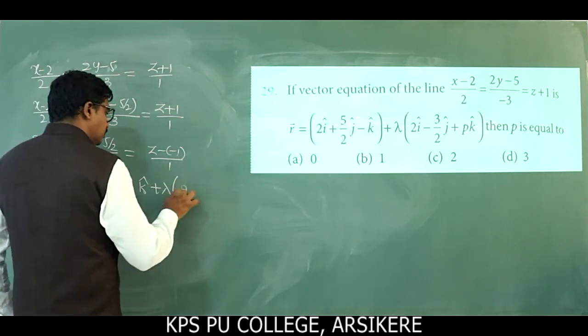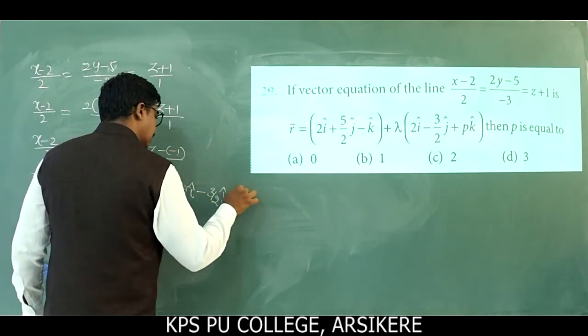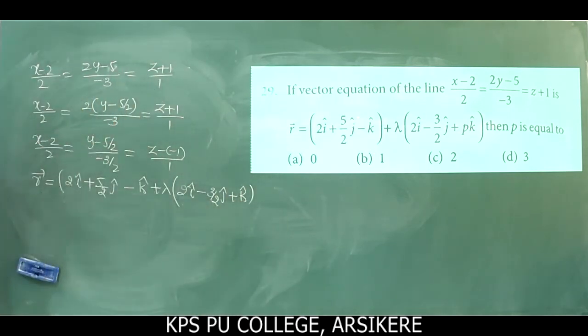This becomes 2 into i cap minus 3/2 into j cap plus k cap. Understood, children? Just observe here.